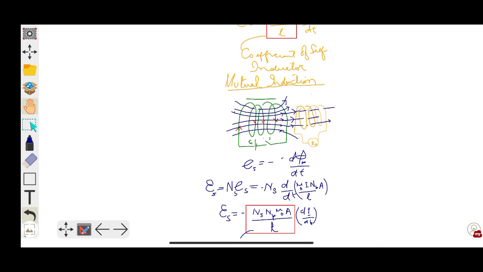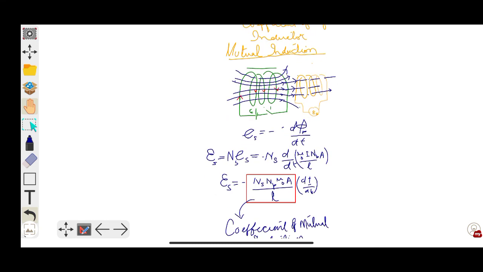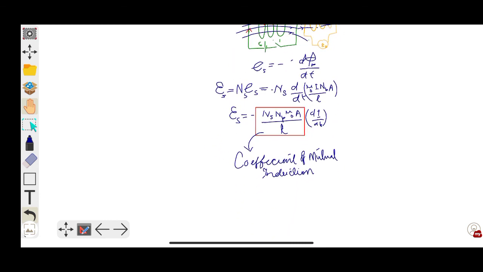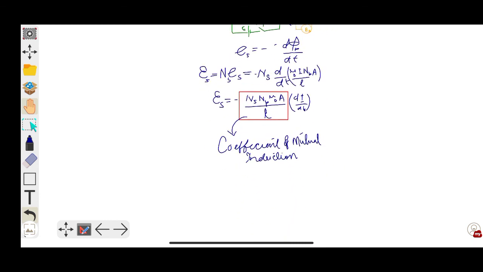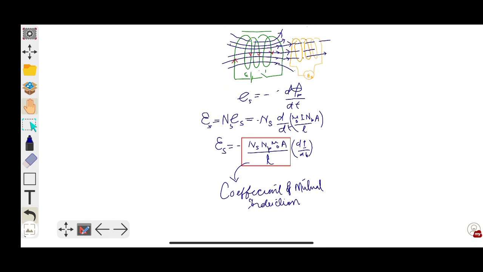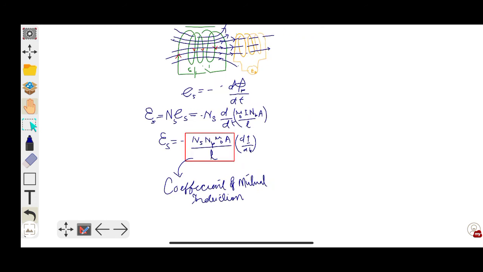Of course, we have assumed that all the flux generated by the primary is going through the second coil. But sometimes there could be leakage of flux, meaning all the flux may not move through the second coil.